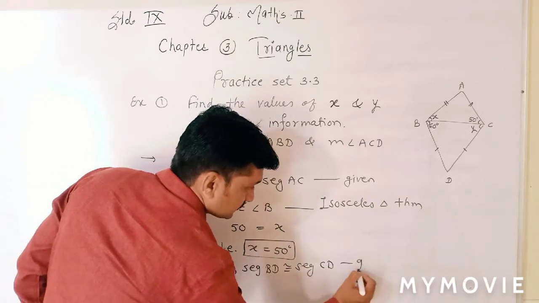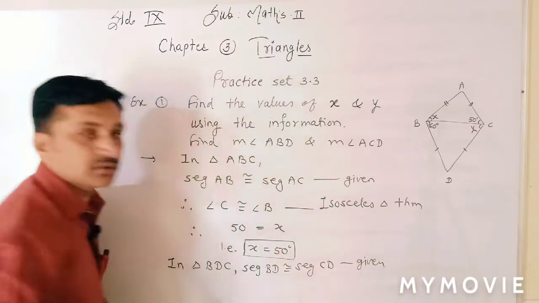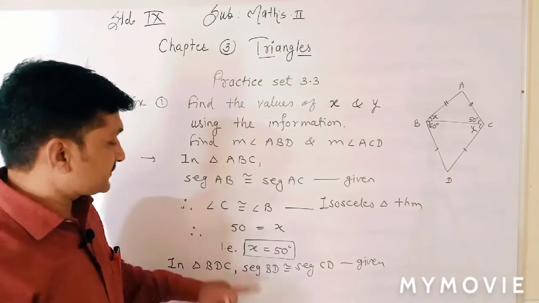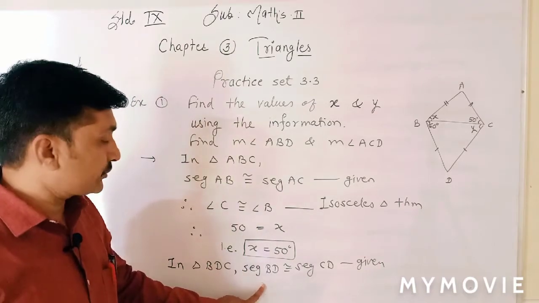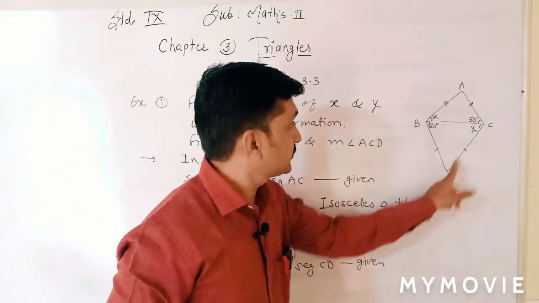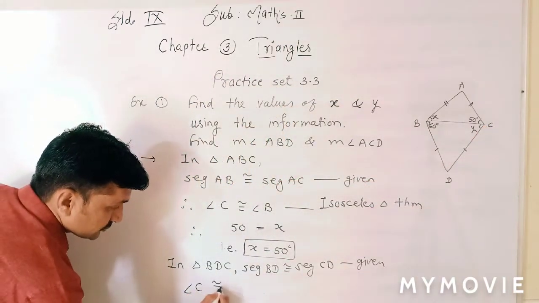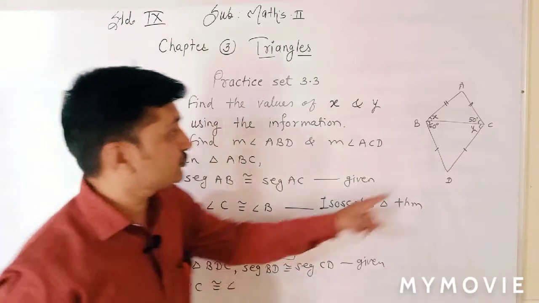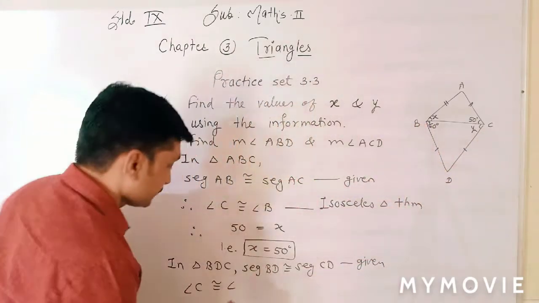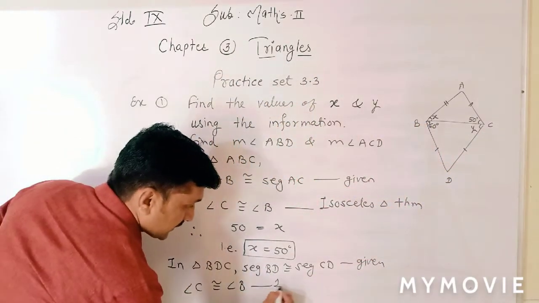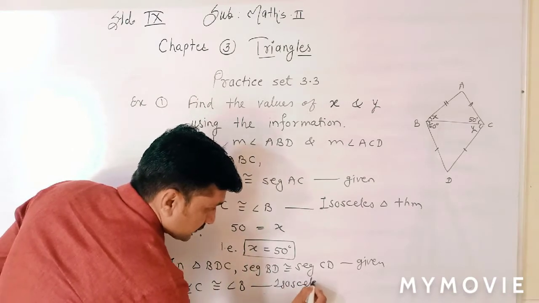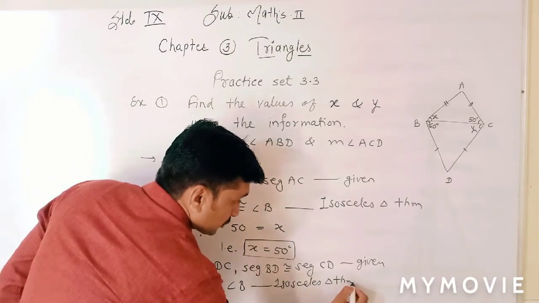It is also given, right? Again the same property: opposite angles are congruent. Opposite to BD is angle C, and opposite to CD is angle B. Therefore angle C is congruent with angle B, by the isosceles triangle theorem.